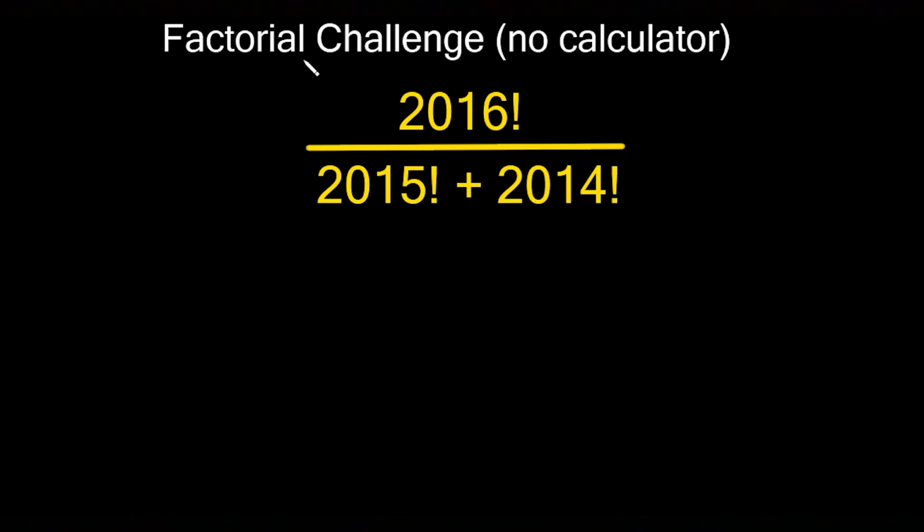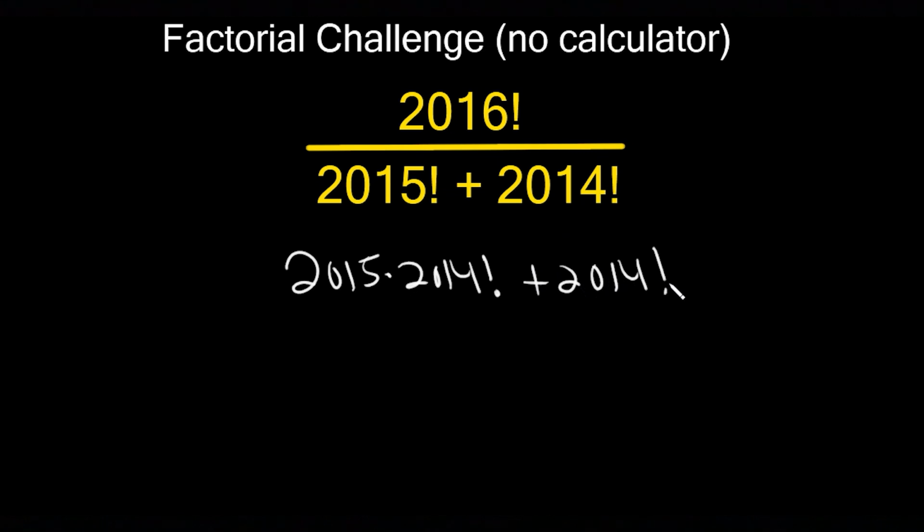What I could do here is take this 2015 factorial and rewrite it as 2015 times 2014 factorial. That is the same thing, right? I'm not changing anything. I'm just manipulating what I have there. And then plus 2014 factorial. So now you can see my 2 terms here and here, right?